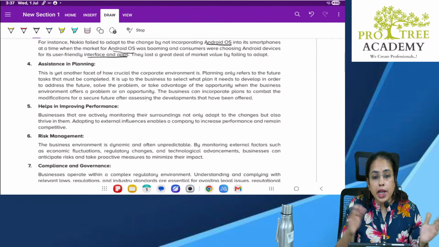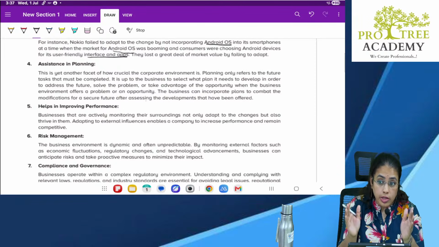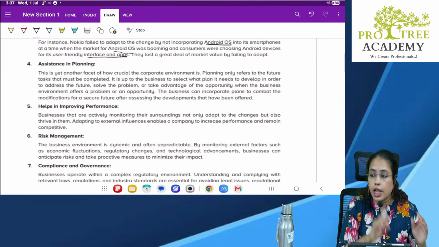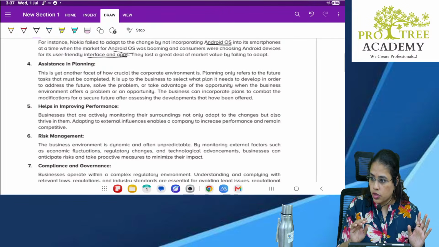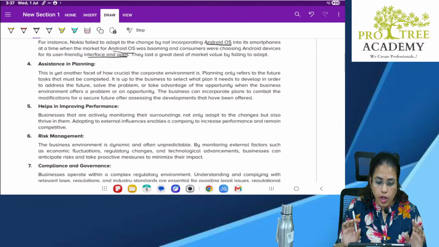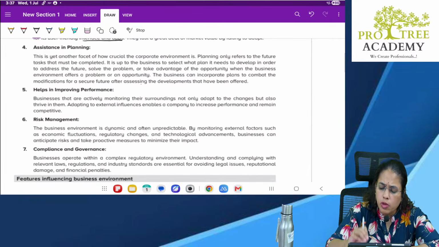Okay, so the plan keeps on changing as per what is good for your firm or your organization. That plan should be taken into consideration as per the environment. So opportunities, problems, everything will be seen whenever you are planning.